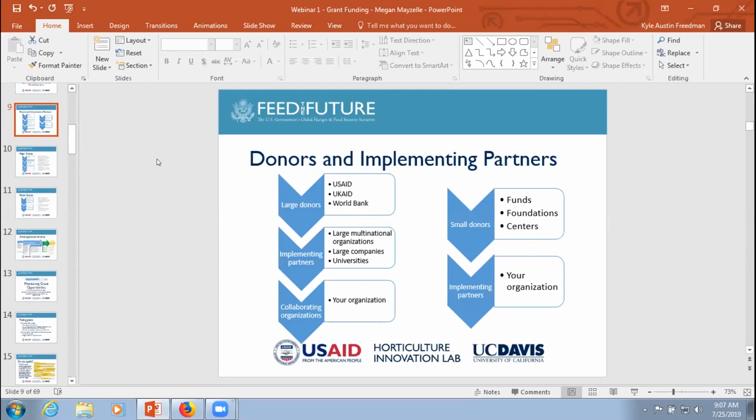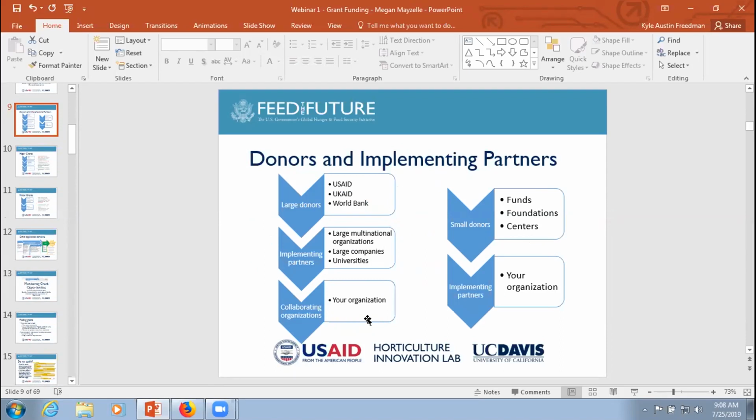So a small organization is going to be here in the collaborating organizations, or over on the right side as an implementing partner. Again, you're rarely going to be able to get money from those large donors, like the government donors like USAID, UK Aid, and World Bank.